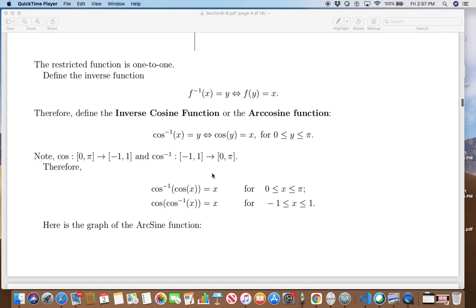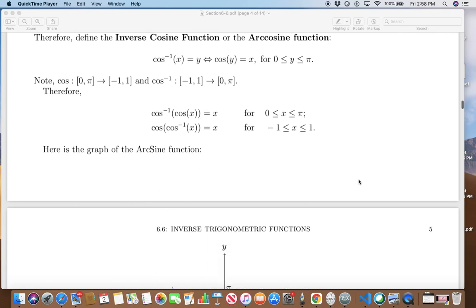So cosine inverse of cosine x is x when x is in the domain of cosine, which right now is 0 to pi. Likewise, cosine of cosine inverse x is x, where the domain of cosine inverse is -1 to 1, so this x is between -1 and 1.